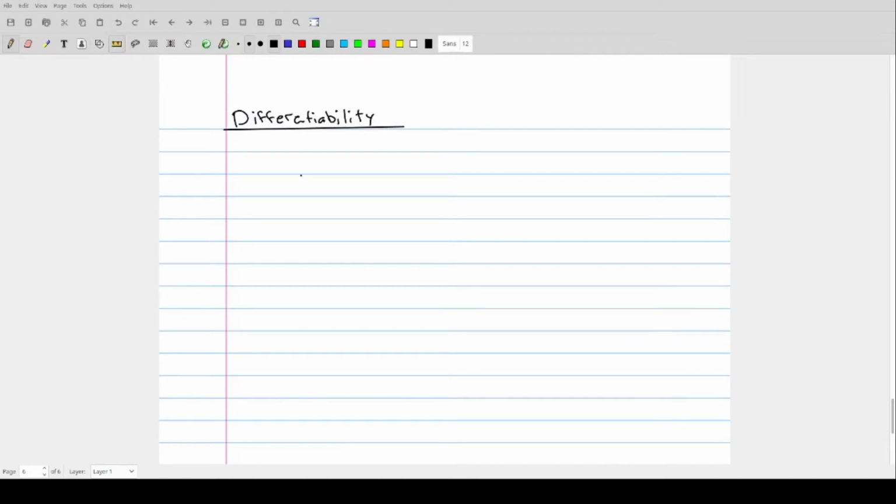But in motivation for the definition of differentiability, we're going to go back to 1D and look at what it means for a function to be differentiable, or for the derivative to exist in 1D. And in general, we'll call this differentiability of a multivariable function.